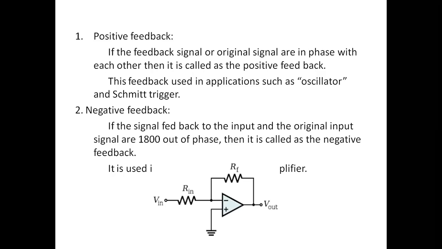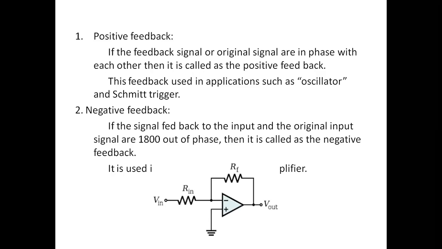We have seen in the third unit, voltage regulator, and at the end we have seen the oscillator. So we have seen the oscillator uses positive feedback. If you see, the Schmitt trigger also uses positive feedback. So you can take applications such as the oscillator or the Schmitt trigger, because they use positive feedback.